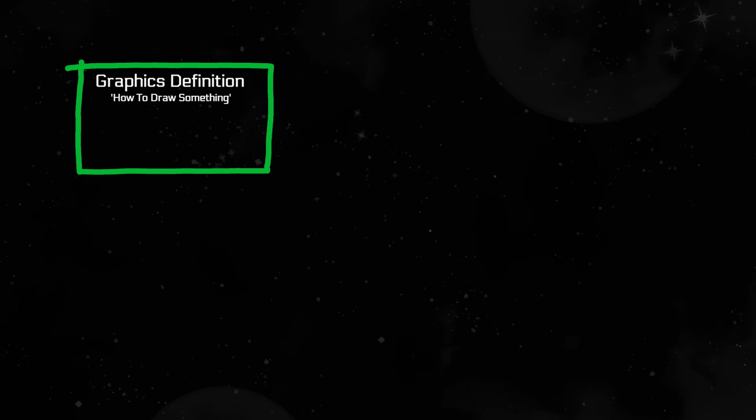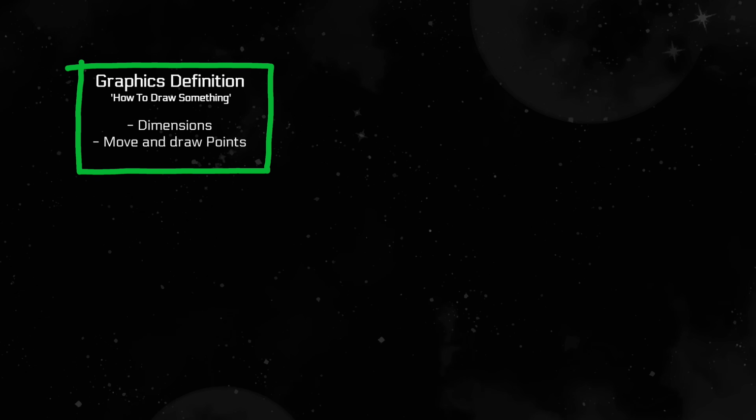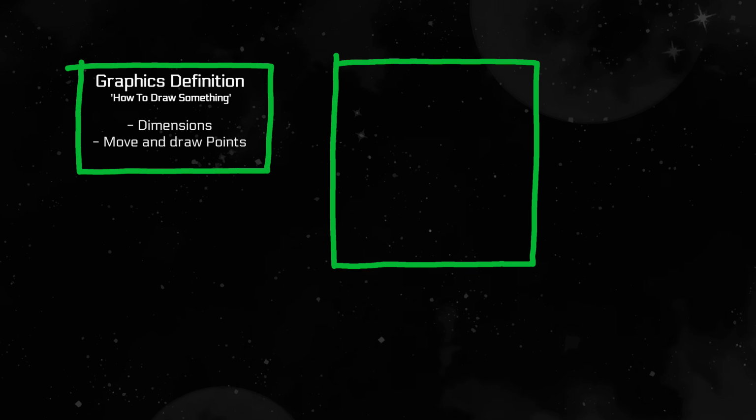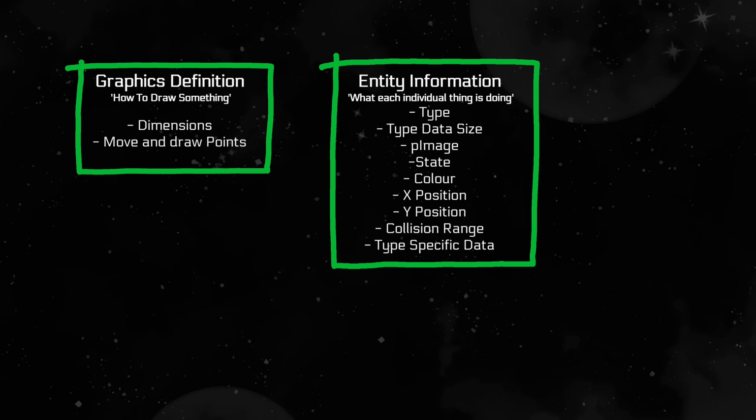We're going to have to store some data. The first thing I want to have is a graphics definition, how to draw something. There will be one of these for each type of actor in the game, and it is really just a list of drawing instructions. The entity information represents what each individual thing in the game is doing.